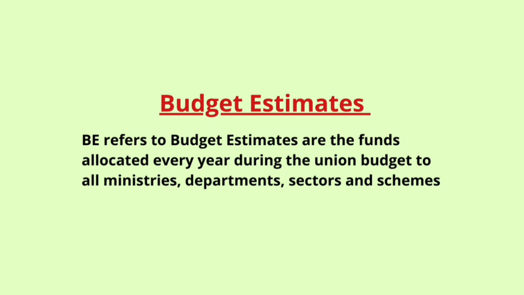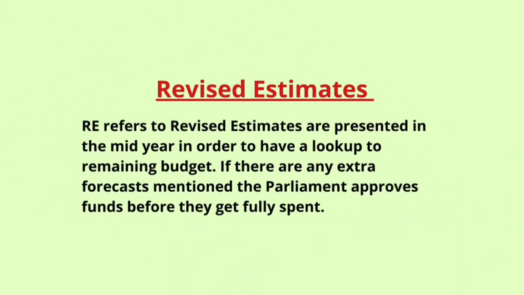BE refers to budget estimates, the funds allocated every year during the union budget to all ministries, departments, sectors and schemes. RE refers to revised estimates. Revised estimates are presented in the mid-year in order to have a look-up at the remaining budget.